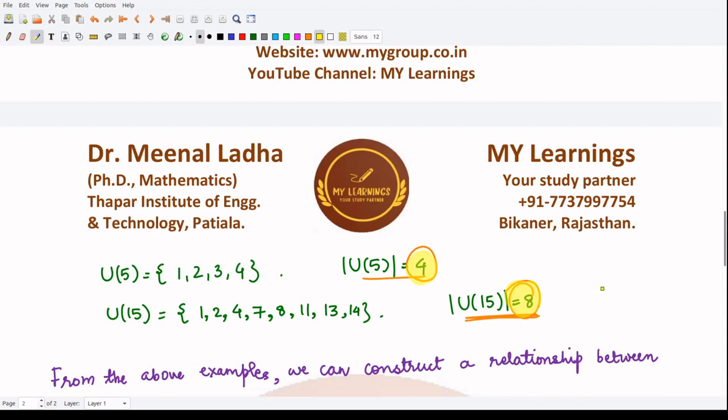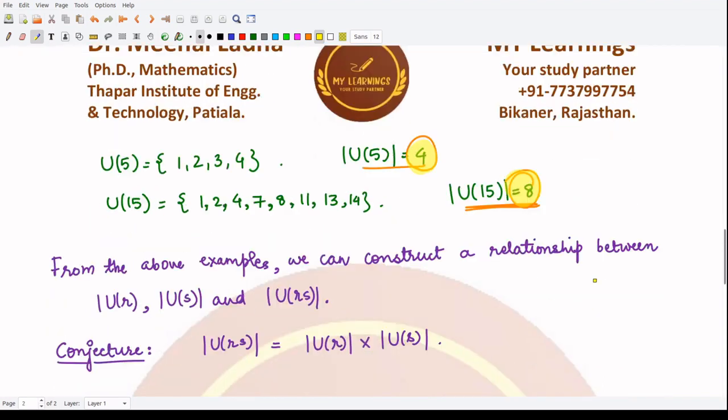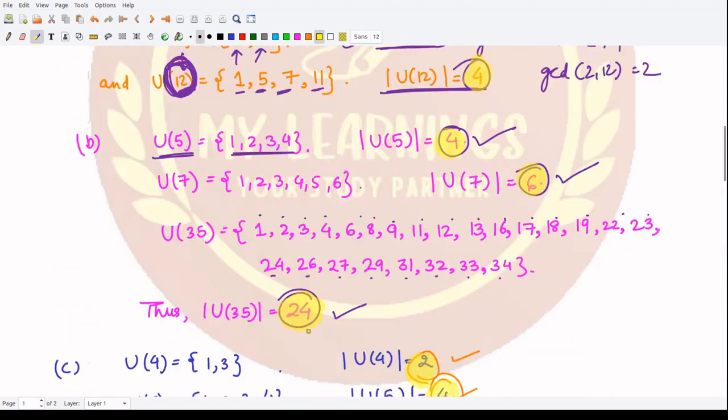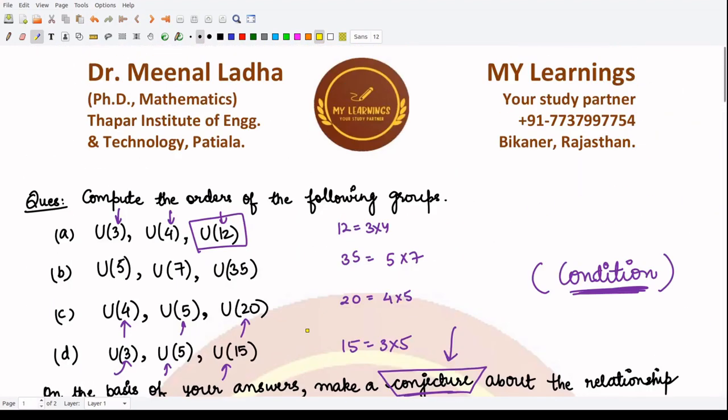So what conjecture can you make out of this? We can clearly say that the order of U of RS is nothing but the multiplication of the order of U of R with the order of U of S, correct? So this is the relationship that we can construct out of the orders of U of R, U of S and U of RS. So I hope you understood this question well. Well, that is it for this video. Thank you for watching.